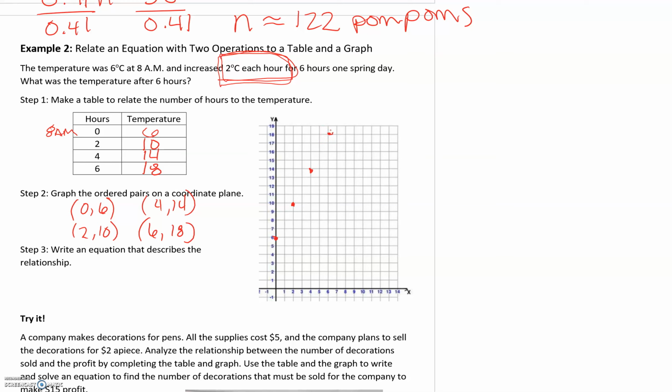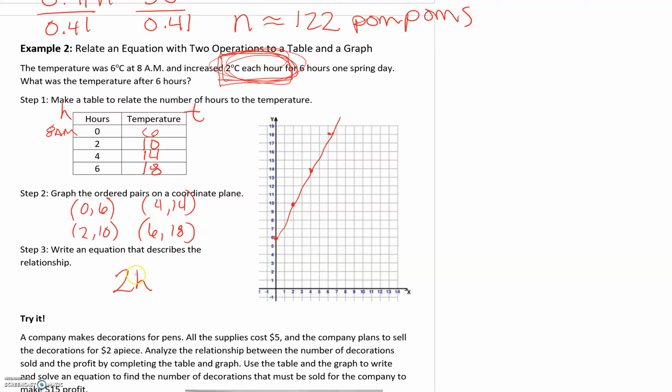All right. Now it wants us to describe the relationship using an equation. So first of all, guys, my temperature is going to be my dependent variable. So I could use T as my variable and H as my hours. So it depends on how many hours I have. I'm increasing by 2 for each hour. So I'm going to say 2H.